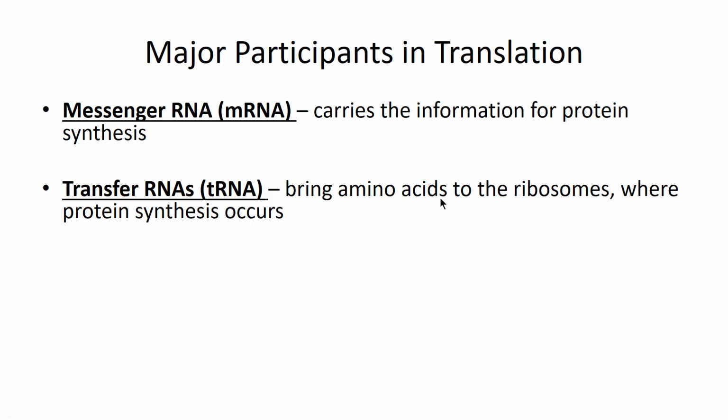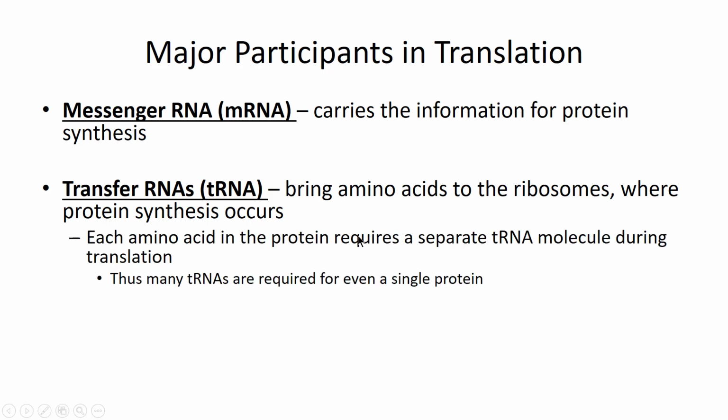I always imagine it like little workers bringing bricks individually to build a brick wall. They effectively bring one amino acid at a time and will have as many of those as required to build the entire protein sequence. So each amino acid requires a separate transfer RNA, and thus many transfer RNAs are required for just one protein.